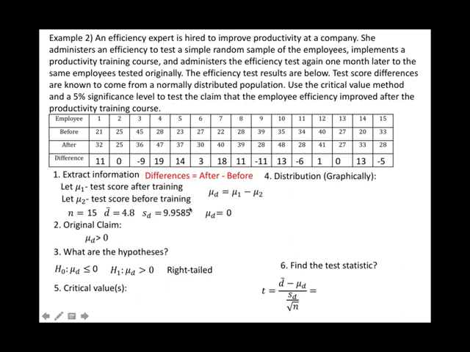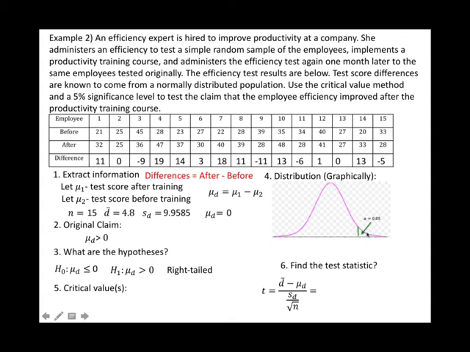After we have number 1 here, we're going to do number 4, the distribution. So we have the t-distribution with the right tail. And we are using the critical value method. So the area of the right tail will be equal to your significance level, which is given as 5%. And then we want to find the critical value.